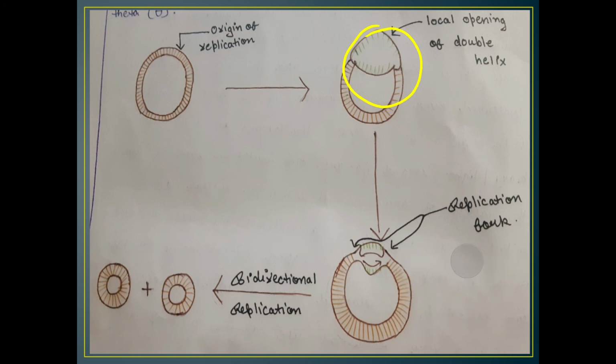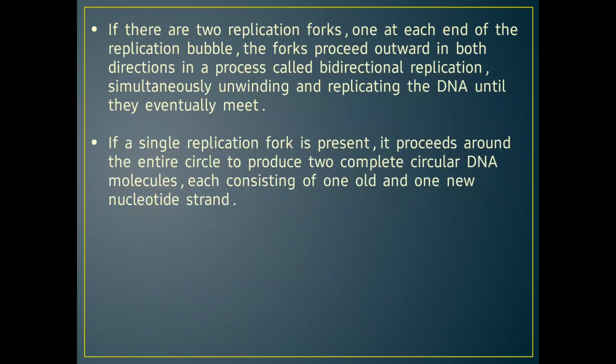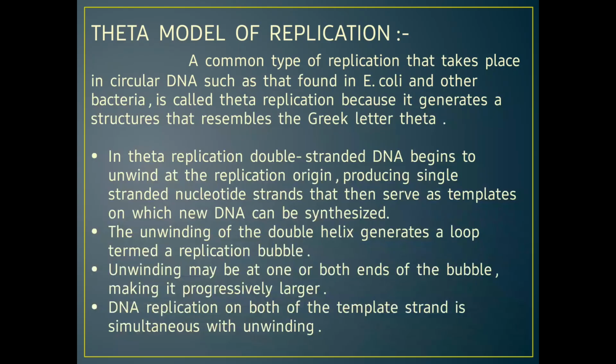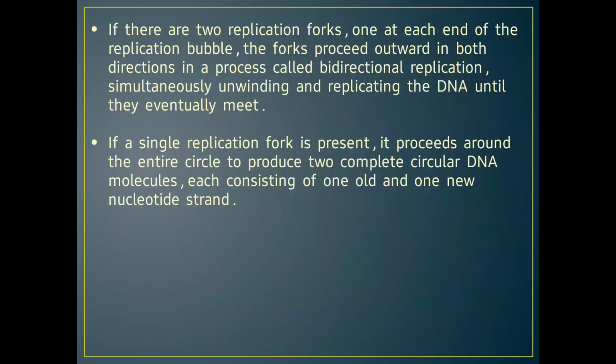That's why it was called theta formation, and after that, with the help of bidirectional replication, it forms two new strands. We have said how the process happens, and now we are going to say what will happen if there are two replication forks and if there is one replication fork.